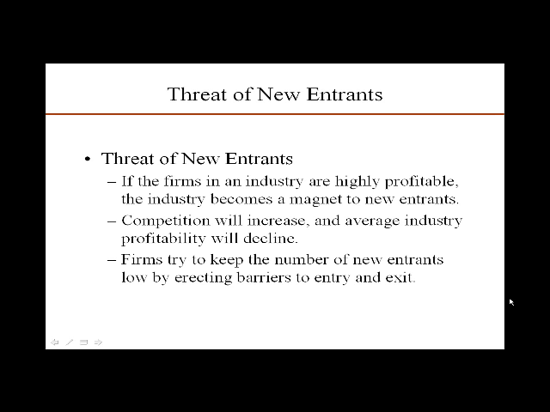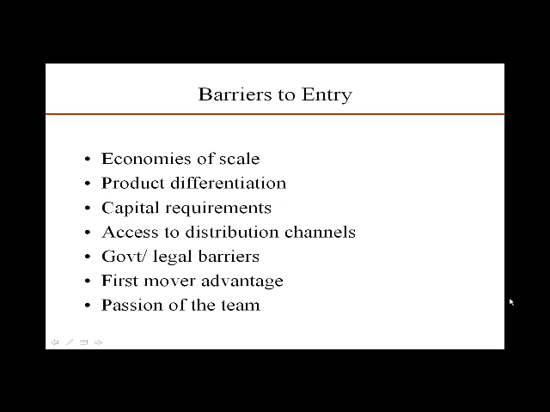And the more people that come in, competition increases, prices go down, profitability declines. So what existing companies in the industry try to do is to erect barriers to entry and barriers to exit. Here are some of the barriers to entry.